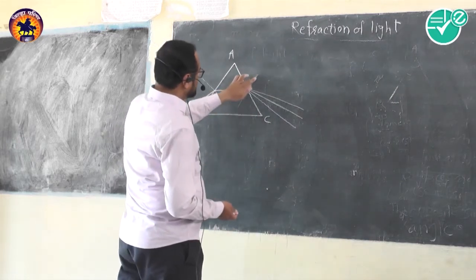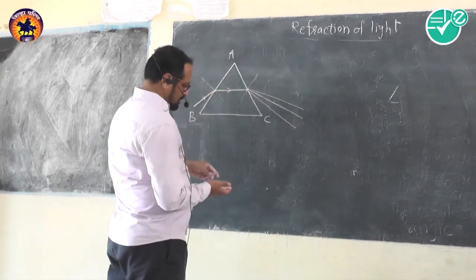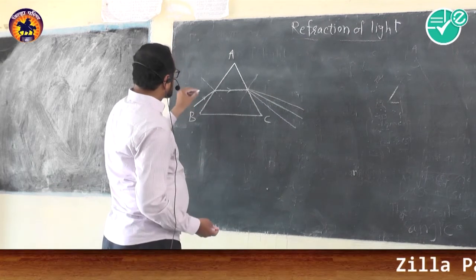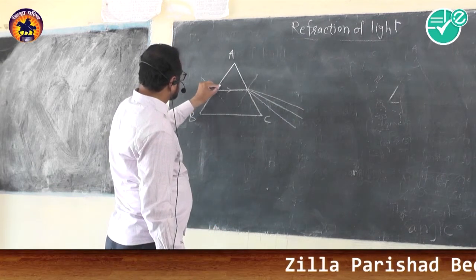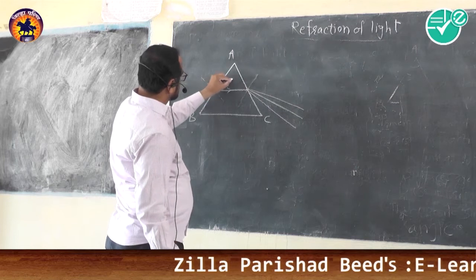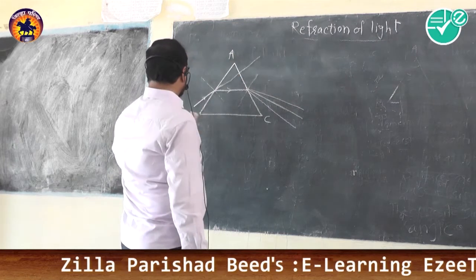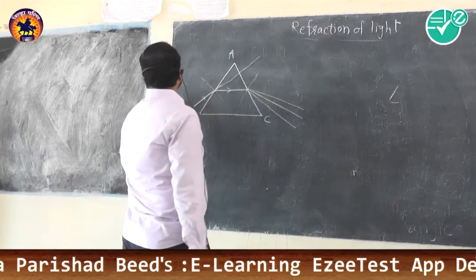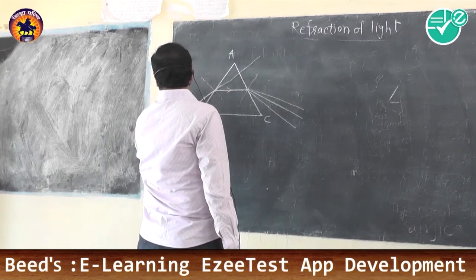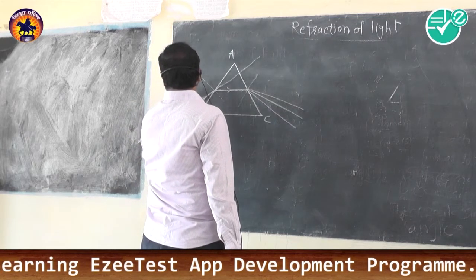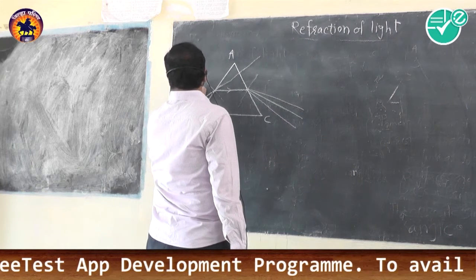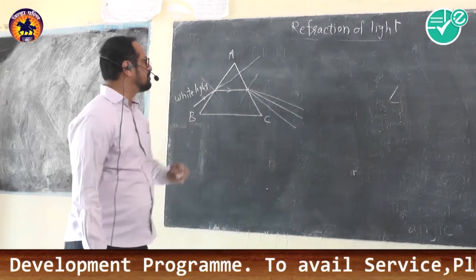And now we will expand this light. So it is the white light which is incident obliquely on this prism.